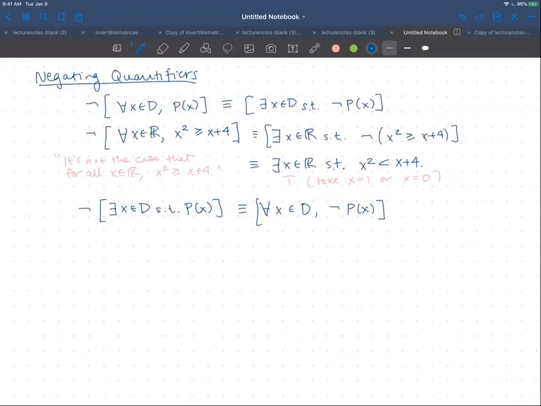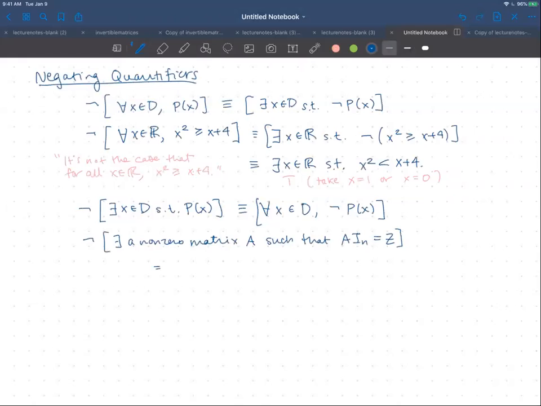So let's take an example of this one. I'll give you a matrix example. Let's say it's not the case that there exists a non-zero matrix A such that A times I_N is equal to the zero matrix.